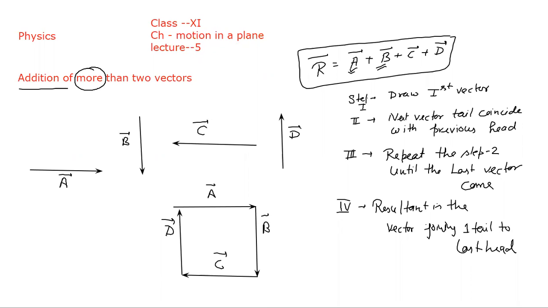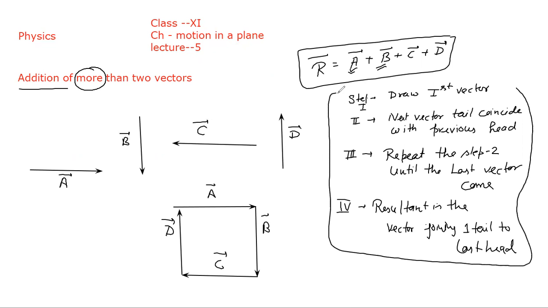So the resultant is the vector joining the first tail to the last head. Okay, so all of you write these steps. From these steps, it is very easy to draw the vector addition diagram for many vectors.